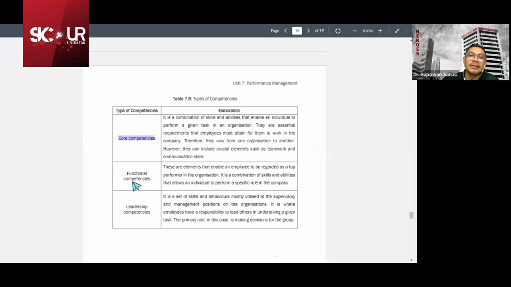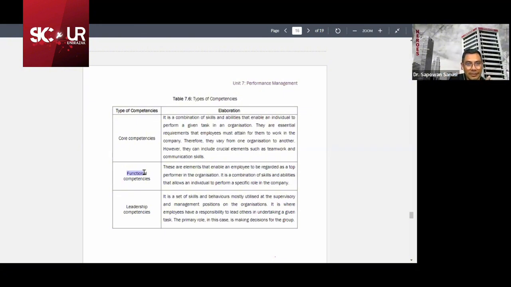Okay. Another one is functional competency. What does functional mean? We look at it from ability. His ability, then it is functional. When he has skill, it enables the employee to achieve top performance in management. So functionally it must follow his job. For example, good in IT. Functional is what? Okay.